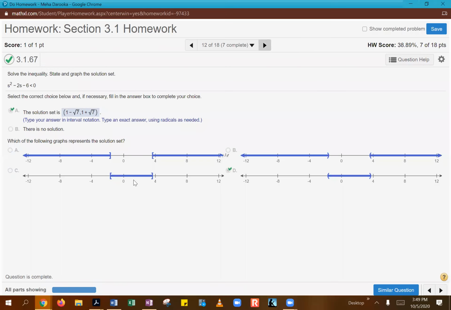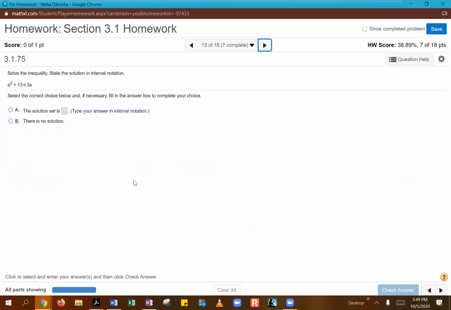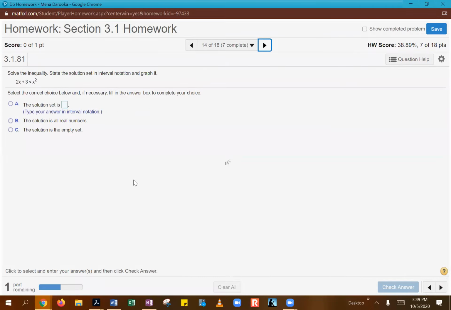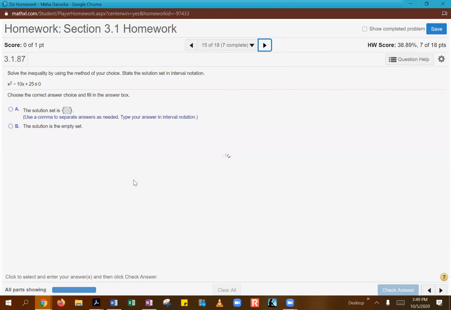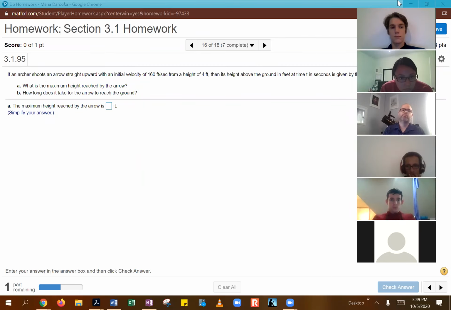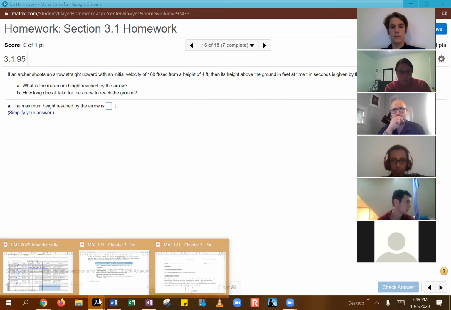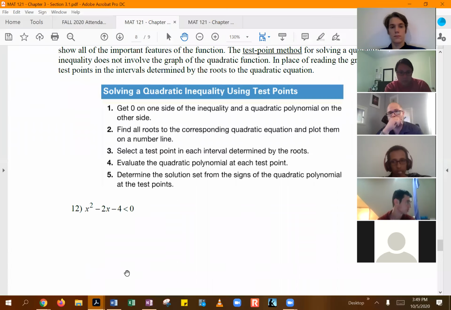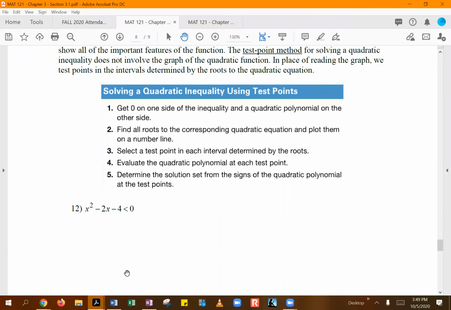All righty. Very nice. So you should actually have a couple more examples on this. This one, obviously, you want to bring the 3A to the left-hand side, get 0 on the right-hand side. Same thing here, rewrite this guy. So I'm going to let you work on this using the test point method. For the applications over here, this same example, just with a different equation or different values, is going to be part of your video lecture.